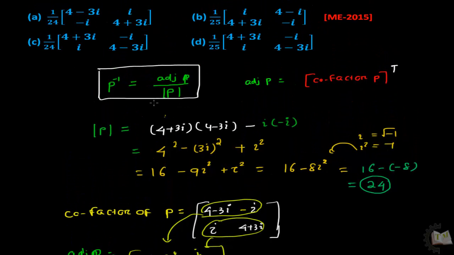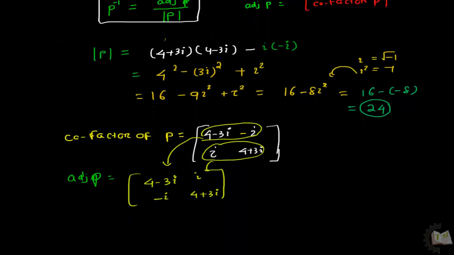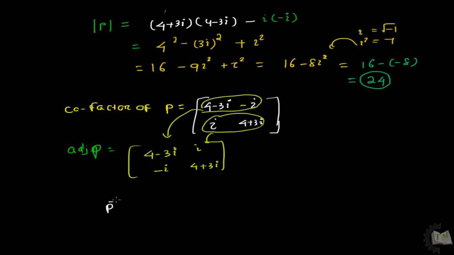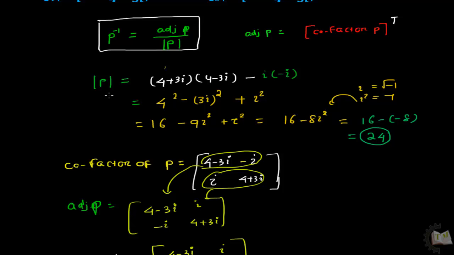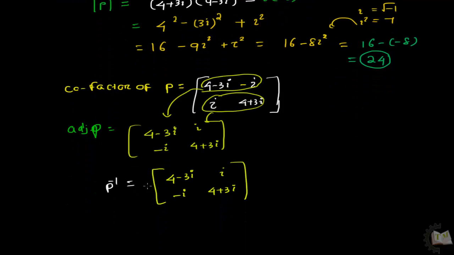Now put in the formula, P inverse equals adjoint of P divided by determinant of P. Put the adjoint of P, which equals this one, divided by the determinant of P, that is 24, divided by 24.